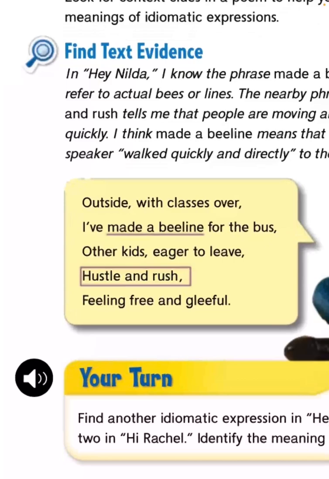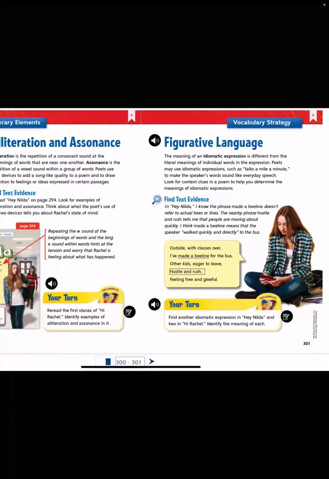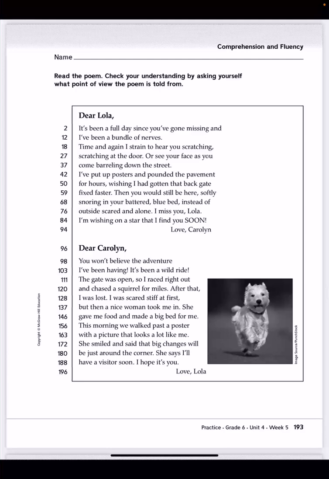For instance, made a beeline. You may not be familiar with that expression, made a beeline. But if you see a detail that says hustle and rush, you can assume that if you're hustling and rushing to the bus, making a beeline would mean in a very direct manner, or walked quickly and directly. Okay?